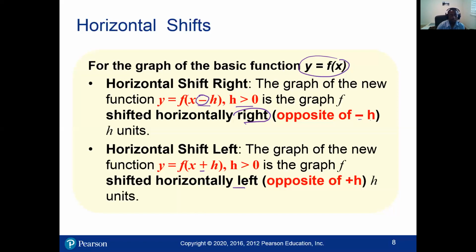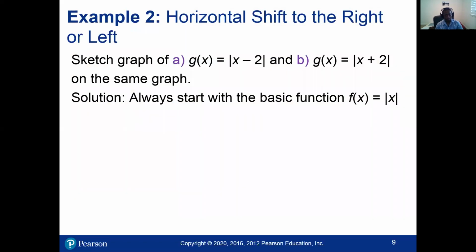Okay, so let's look at this example. This time we're going to do this separately. What's our basic function? We have g of x is equal to absolute value of x minus 2, and then g of x is equal to absolute value of x plus 2. Our basic function is the absolute value of x.